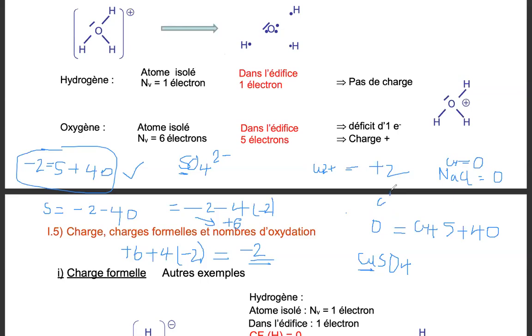Copper is equal to, when this sulfur goes to the other side, minus sulfur, minus oxygen. In this case, we've calculated the oxidation state for sulfur in the sulfate to be 6.